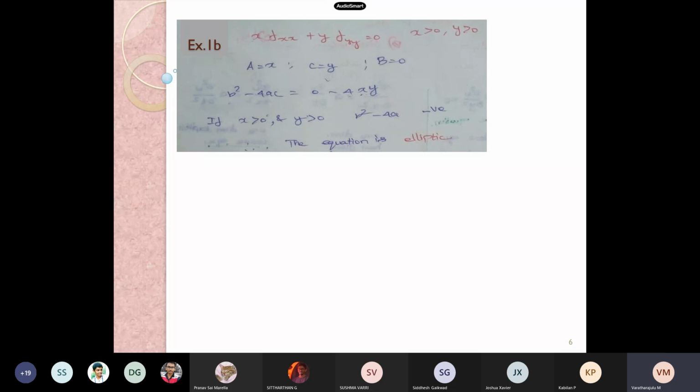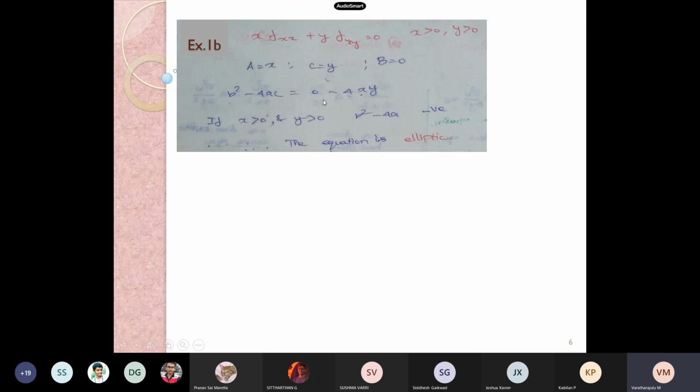This is exercise 1B. Still, we are in the first problem. In the first problem itself, I have categorized parts A, B, C, D. Take x f_xx + y f_yy = 0, with x always greater than 0 and y also greater than 0. Here a is equal to x, c is equal to y, and there is no term b.